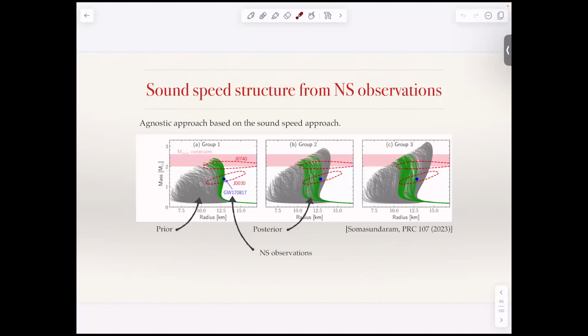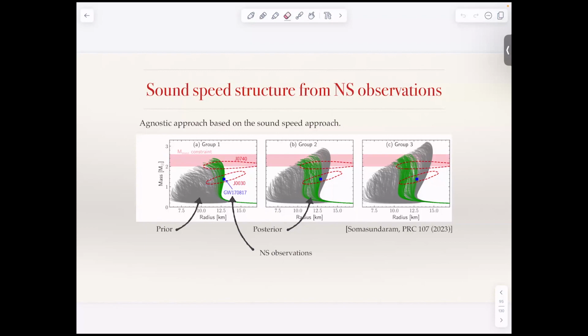So you see that there are some equations of state here which pass through one of these bands, but do not match with the maximum mass. For this equation of state, you will assign also a probability 0 because it represents only a part of the reality, but not all the data that we have.